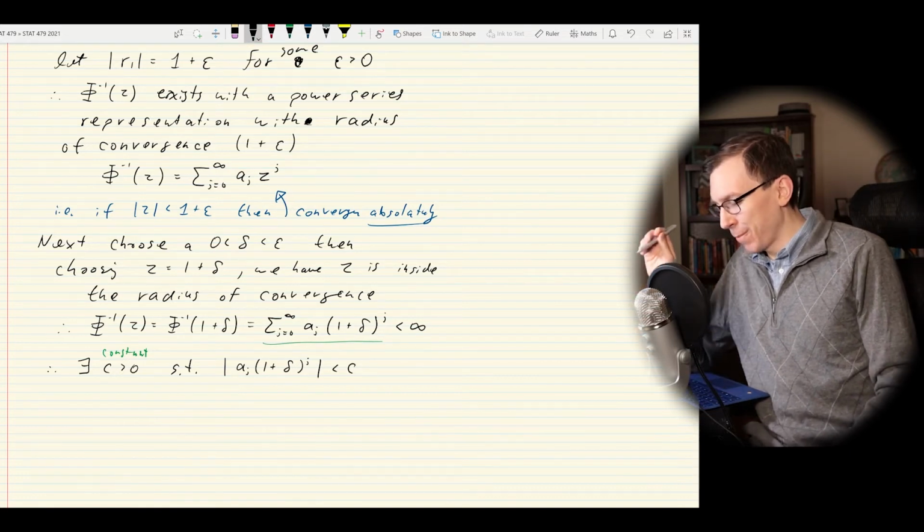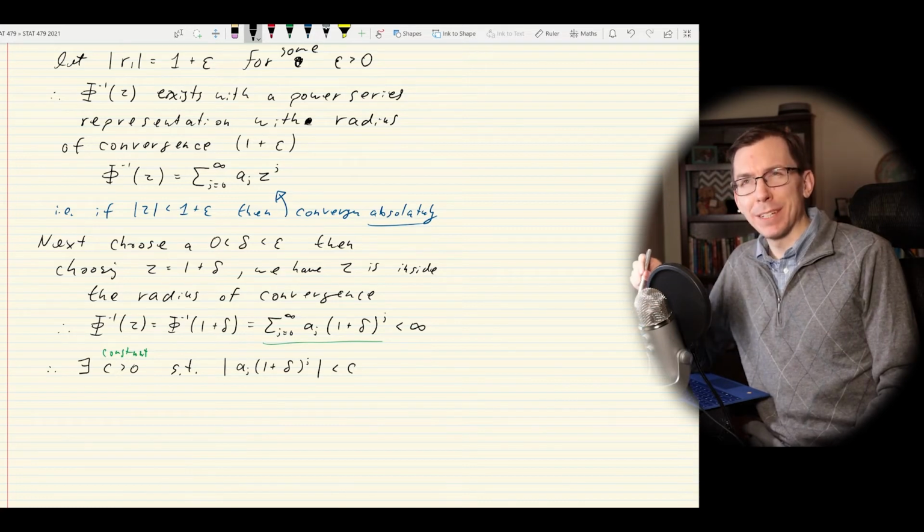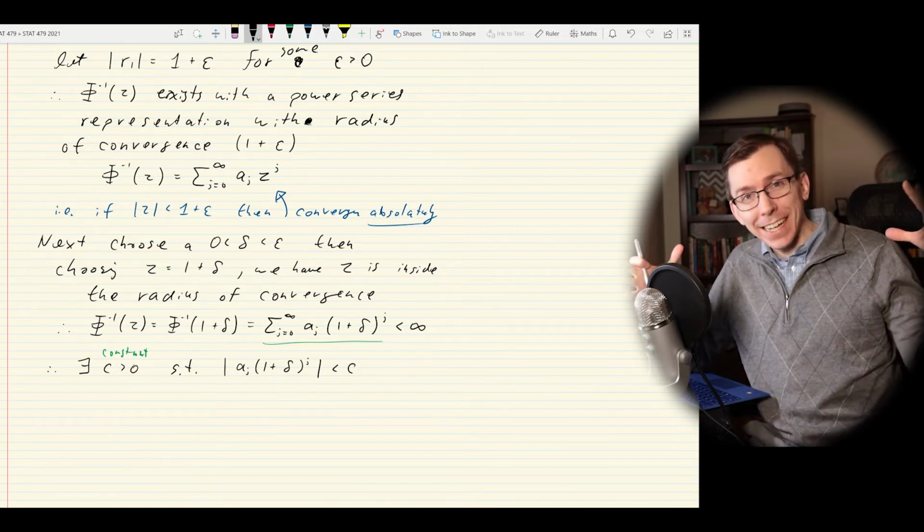That means that the terms, the summands, have to get smaller and smaller.